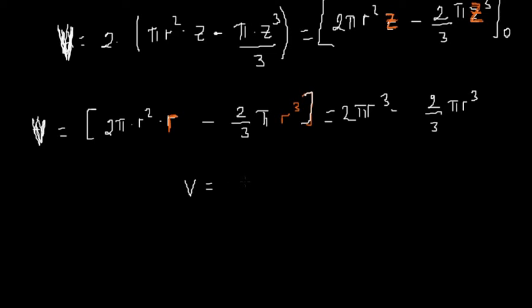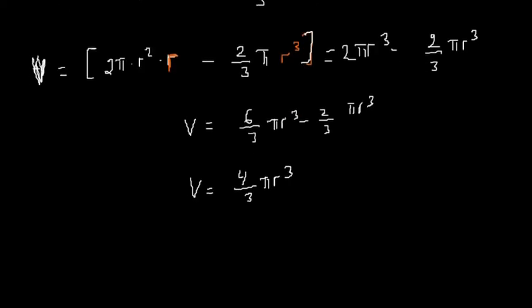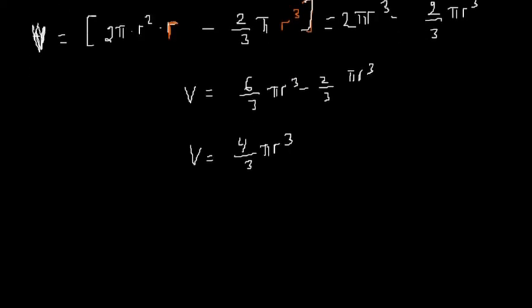Okay, so we can write it as 6 over 3 pi r cubed minus 2 over 3 pi r cubed, or it's just simply equal to 4 over 3 pi r cubed. So by means of this, we've proven that the volume of a sphere is equal to 4 over 3 pi r cubed.